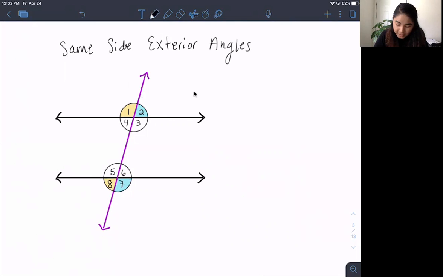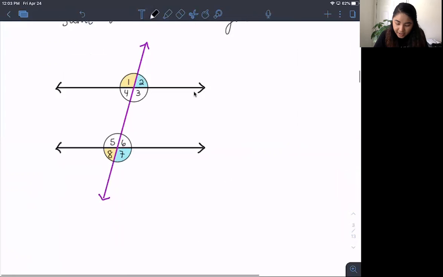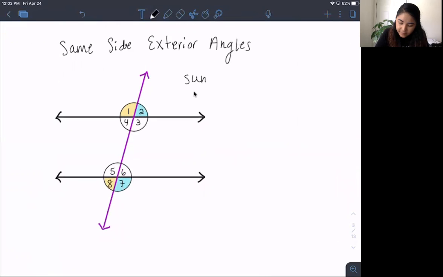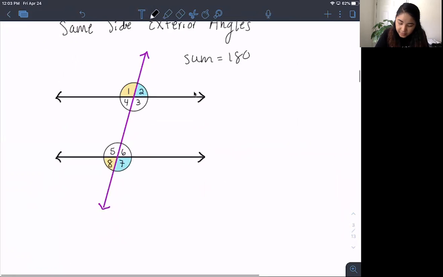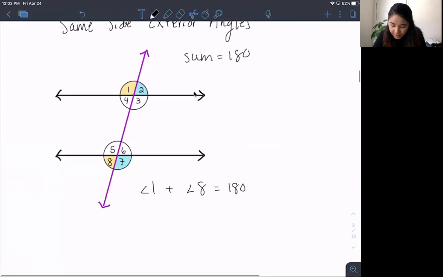And just like same side interior, same side exterior angles have a sum of 180. So angle 1 plus angle 8 equals 180, and angle 2 plus angle 7 also equals 180, right?